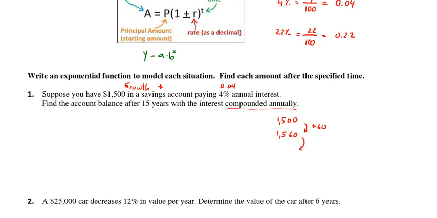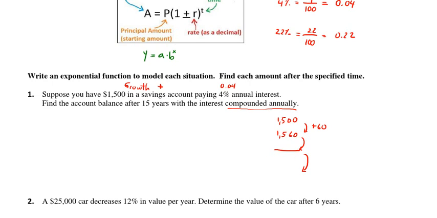And then for the second year, it's going to be 4%, not of the original quantity, 1,500, but from this quantity. That is what compounded annually is. It means that it's paying interest not on the original, but on what you have at the end of the first year. And whatever you get here at the end of the second year, the 4% for the third year is going to be paid on this amount over here, not on these other two.